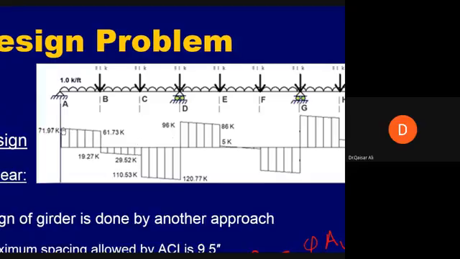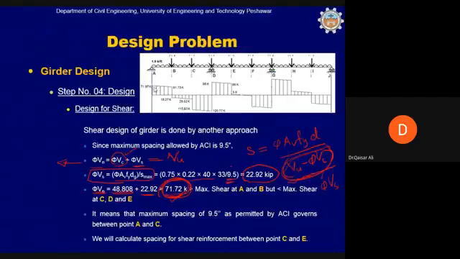Now, if you look at this, you can see the shear 71.97 kip, 61.73, 19.27, 28 point this.